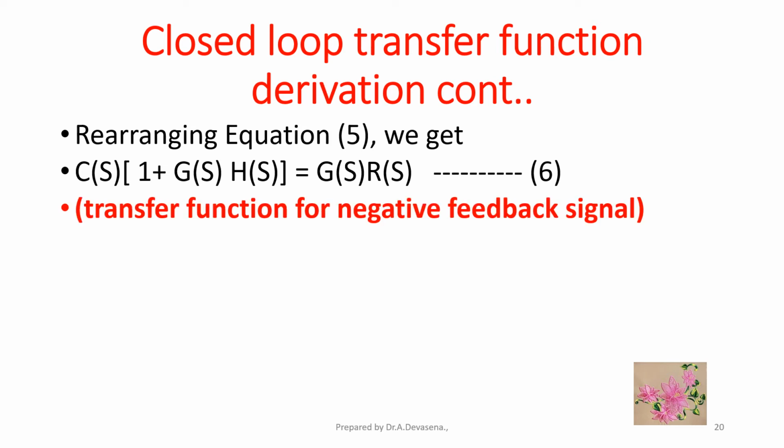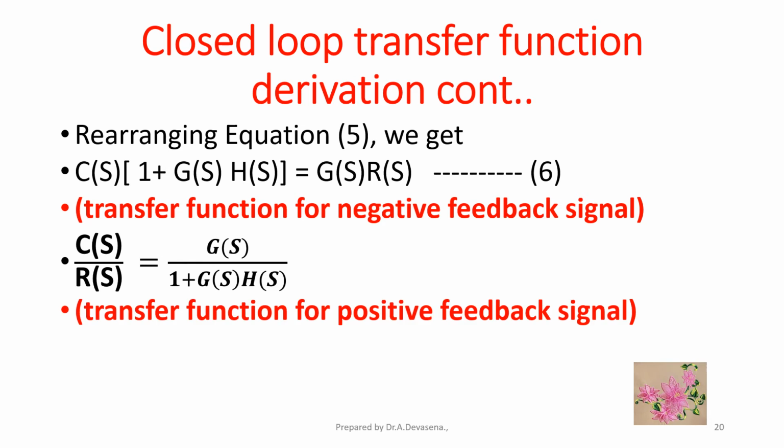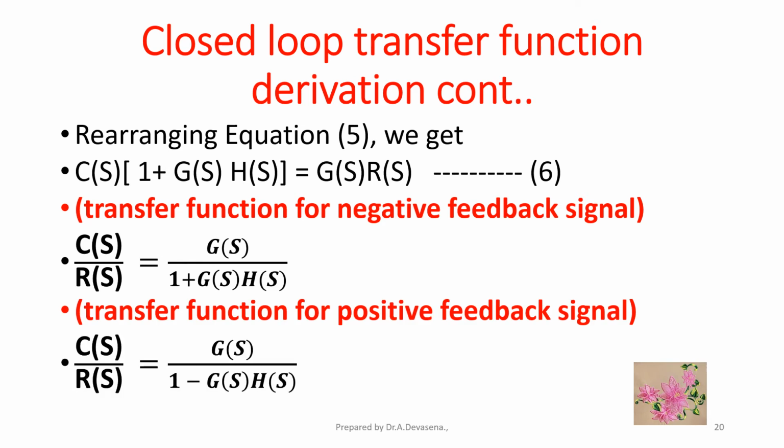The transfer function for the negative feedback signal is C(s) by R(s) is equal to G(s) divided by 1 plus G(s)H(s). The transfer function for the positive feedback signal is C(s) by R(s) is equal to G(s) divided by 1 minus G(s)H(s).